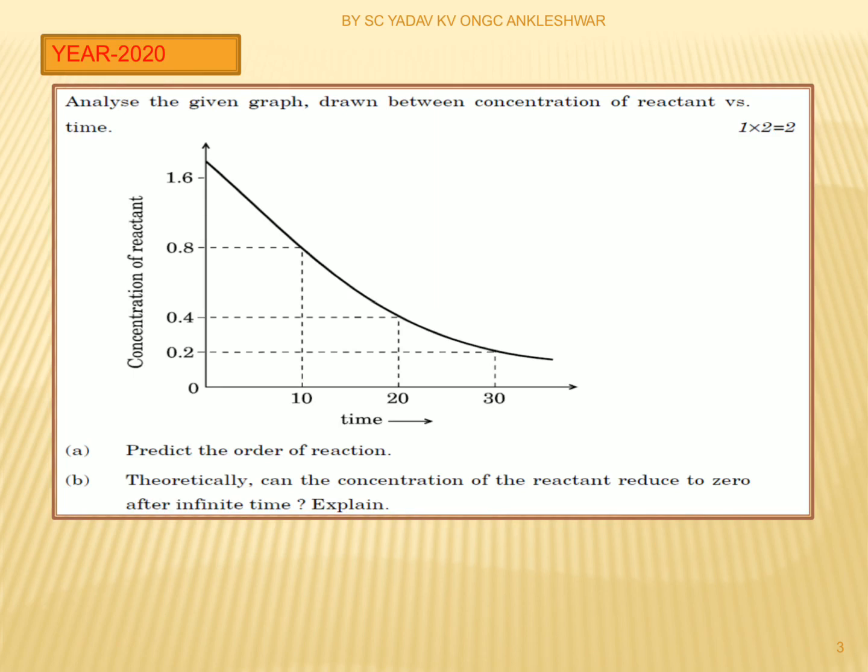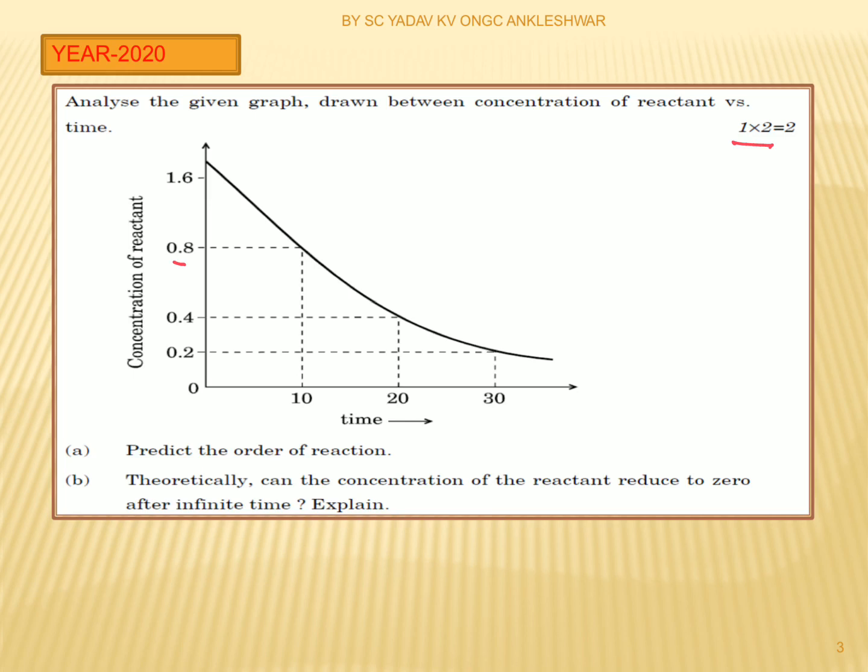This is a 2 marks question. The concentration 1.6 decreased to 0.8 in a time period of 10 seconds, where the unit is not given, so suppose it is 10 seconds. Then from 0.8 it again reduces to 0.4 in the next 10 seconds.